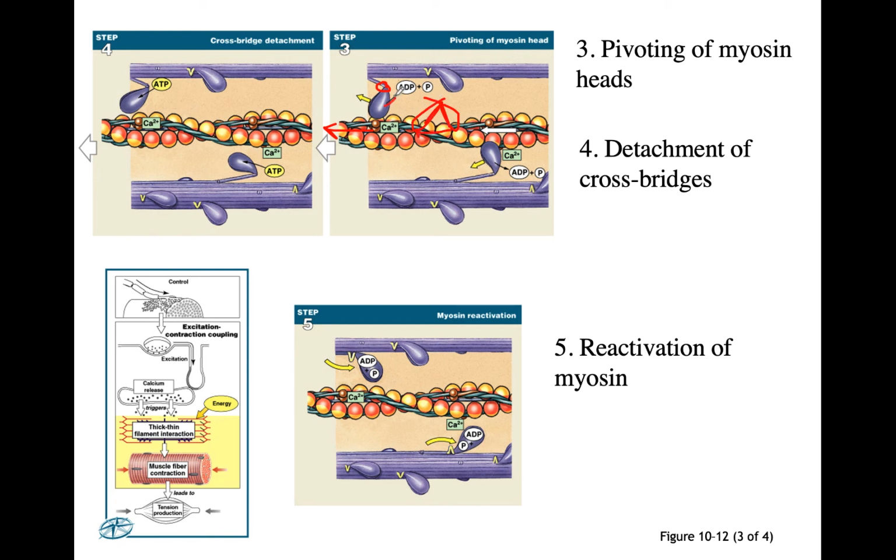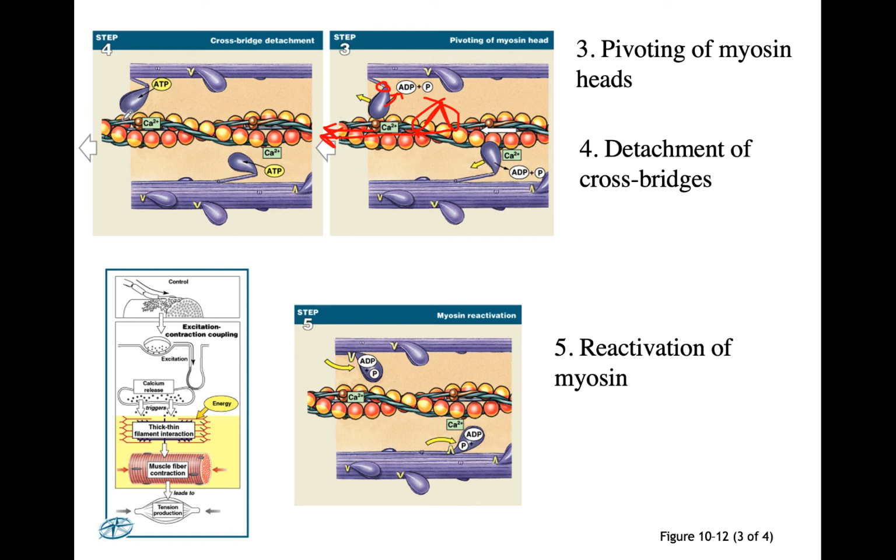Well, it's the release of ADP. So step 3 is the release of ADP and phosphate from the myosin head causes the entire actin to pull forward.